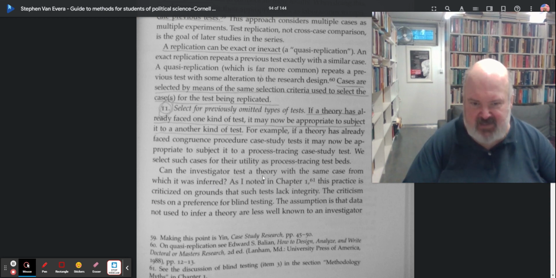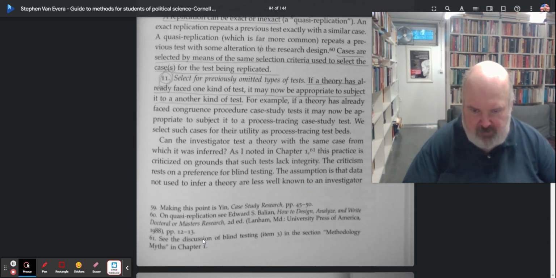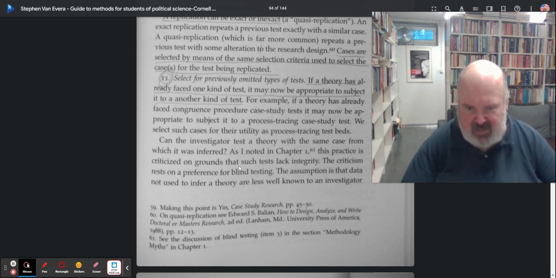Can the investigator test a theory with the same case from which it was inferred? As I noted in chapter 1, when discussing blind tests, this practice is criticized on the grounds that such tests lack integrity. The criticism rests on the preference for blind testing.